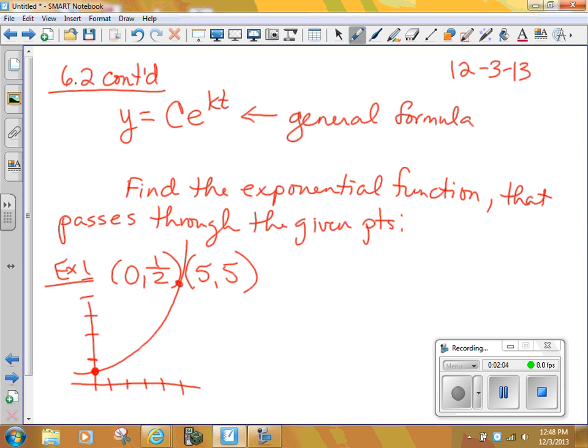Growth. Why? It's increasing. Now, it is also a translated exponential function. Why? It doesn't pass through (0, 1). Why does it have to pass through (0, 1)? The parent graph is e to the x.